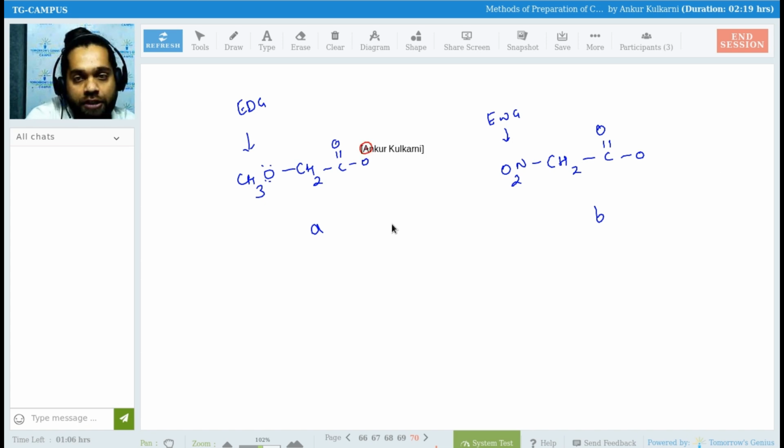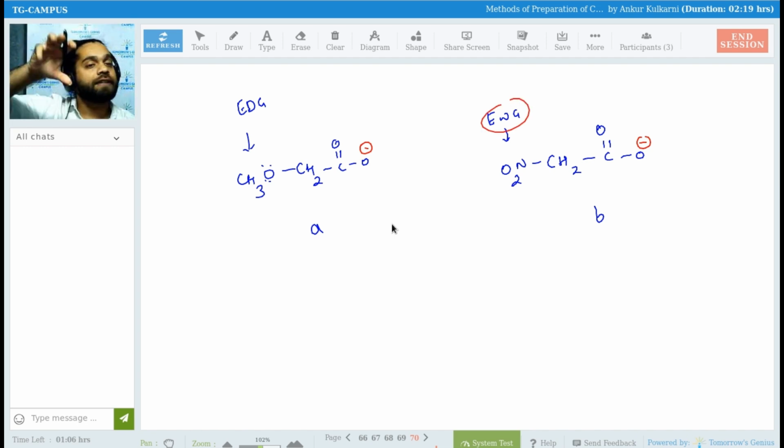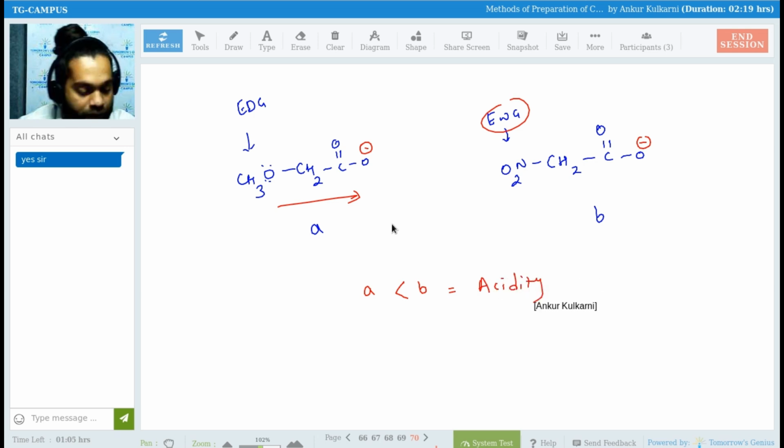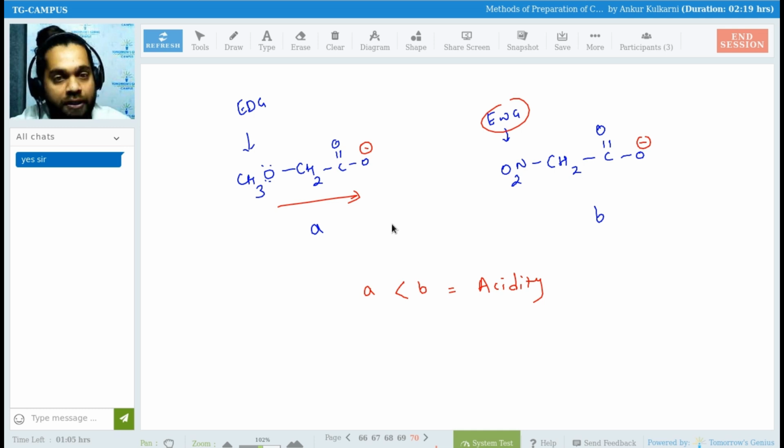Oxygen will get a negative charge over here. The withdrawing group is taking away the density from the oxygen, minimizing the negative charge. The donating group is OCH3. Are you getting it, Prashanti? Hence, if you look at the acidity, A is smaller than B. Is it clear, Sasidaran?